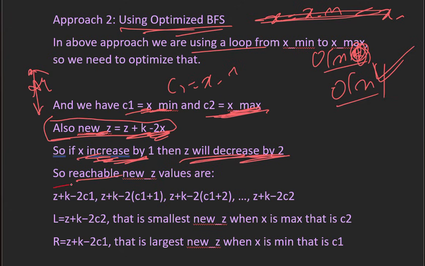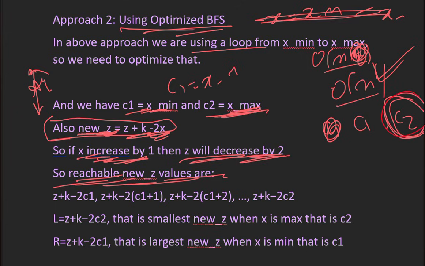So what are the reachable new z values? Suppose c1 is our x minimum and c2 is our x maximum. If we have to find minimum z, then we have to subtract the maximum value, right? If we subtract the maximum value, then z will be minimum, and if we want z to be maximum, then we have to subtract the minimum.